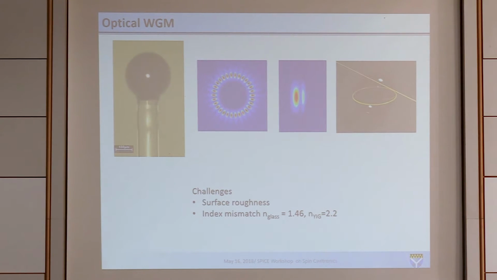But that really doesn't work in this case, because the mode in the fiber has an index of 1.46, and when you pull it, the index becomes even smaller. But this sphere has index 2.2. This sounds like a small number, but in the optical world, this is an astronomically big difference. It's a huge difference. It makes very little coupling from the fiber to the actual mode you want to work with.